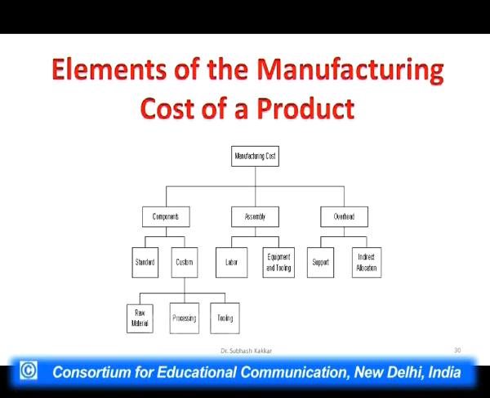In the middle, we have shown the assembly, manpower requirement for doing the assembly and the equipment and tooling required for assembly, and overheads to supervise the entire process, support and indirect allocation. All these costs when put together gives us the cost of the product.